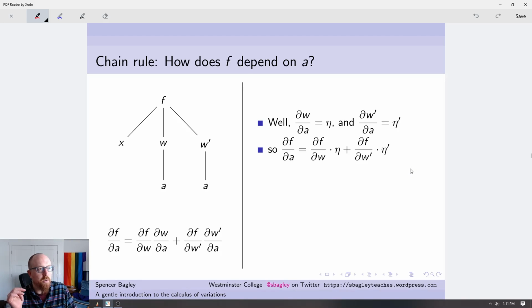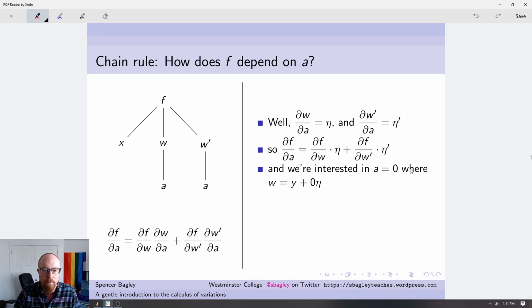And when a equals 0, w is just y, right? If we collapse out the amount of variation, we get our original curve back. That was sort of the point. Sure. So then as far as we ever cared, partial f partial a is going to be partial f partial y times eta, partial f partial y prime times eta prime.